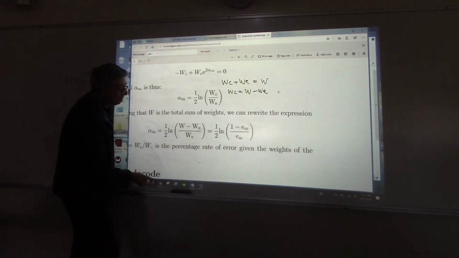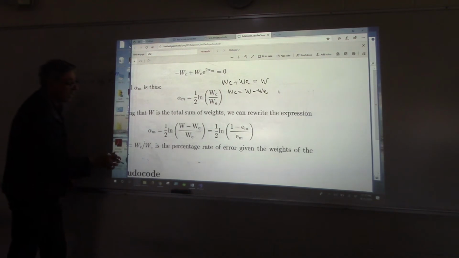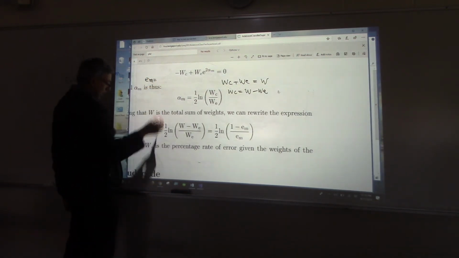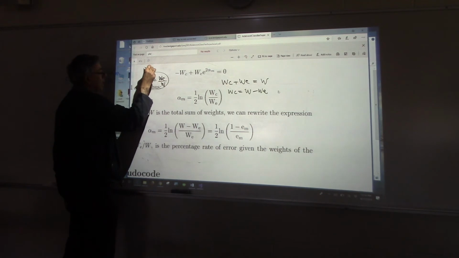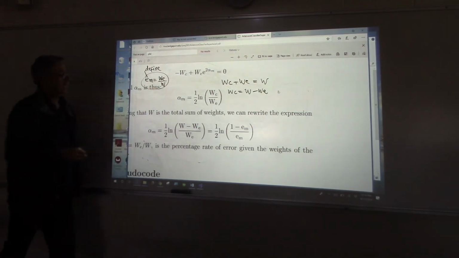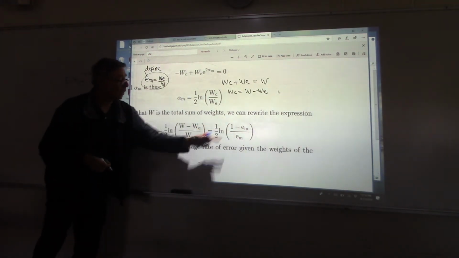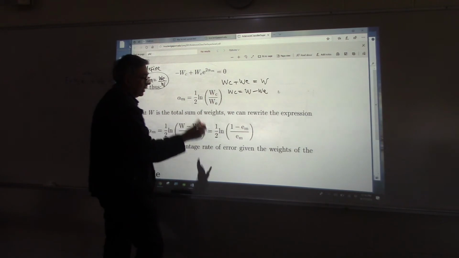Further, if we define EM equal to WE over W, then this whole thing can be written as 1 minus EM over EM. You can easily verify it.